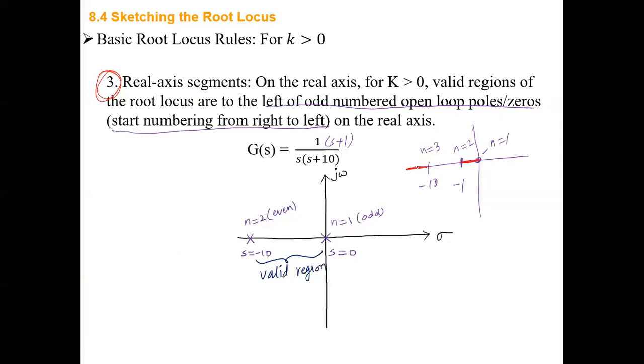So we don't know exactly where, but we know the root locus doesn't go through here. We can't find the region.